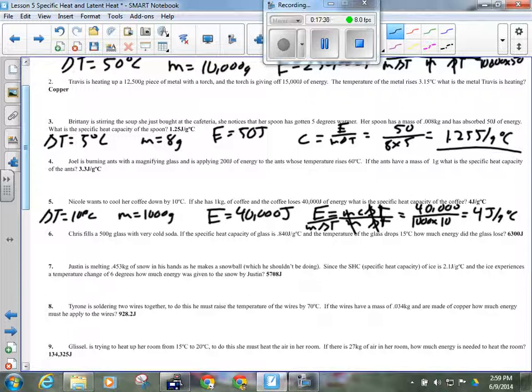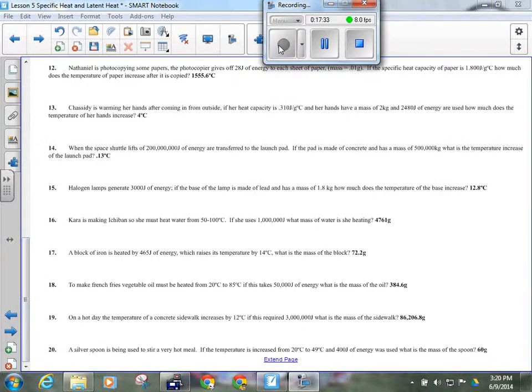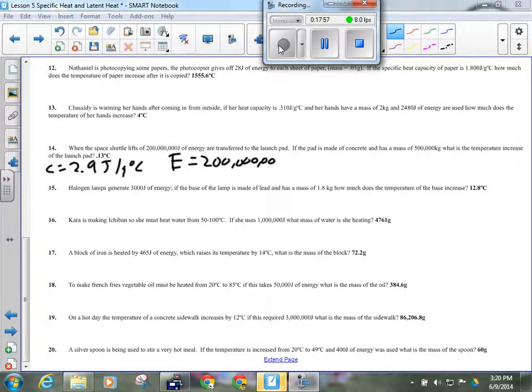Keep going then. For number 14, a space shuttle lifts off using 200 million joules of energy. If the pad is made of concrete, we need the specific heat capacity of concrete, which is what off your sheet? 2.9 joules per gram degree Celsius. We know the energy is 200 million joules, and it has a mass of 500,000 kilograms. There it is in kilograms. 3 more zeros, now it's in grams.